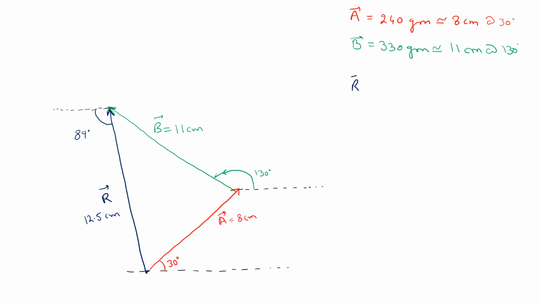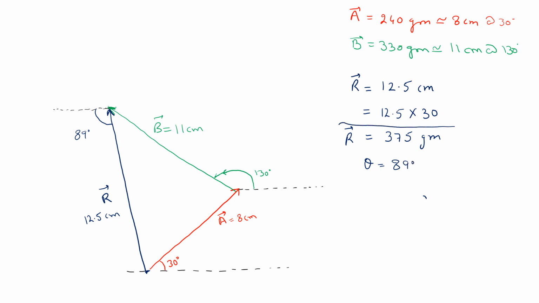The resultant vector that we got is 12.5 centimeters. Now we can convert this resultant to grams. We just multiply this number by 30 and we get it in grams. So our resultant will be 375 grams, at an angle of 89 degrees.